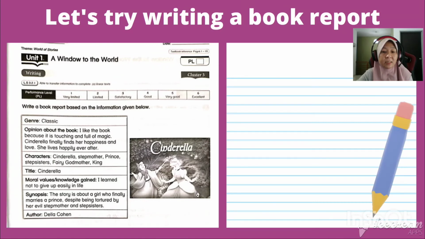Okay, as you can see here, this is the picture of a storybook and the title is Cinderella. I am sure that everybody is familiar with the story, right? Okay, now these are the details about the book. The genre is classic. Opinion about the book, you can read it by yourself.